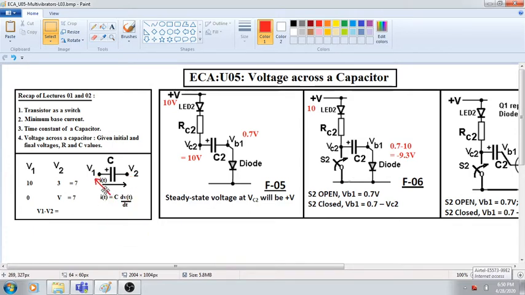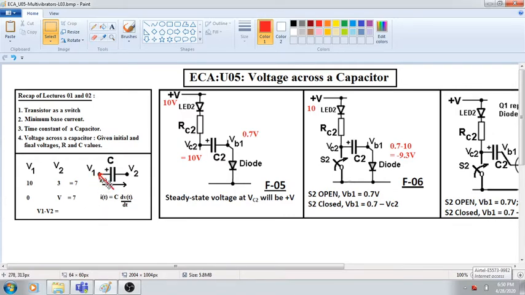Now what we will do is assume that the voltage V1, which is let us say 10 volts, has suddenly fallen to 0. This end, not across the capacitor. Across the capacitor it cannot suddenly change. So at V1 the voltage has gone from 10 to 0. That can happen because there is no capacitor here.